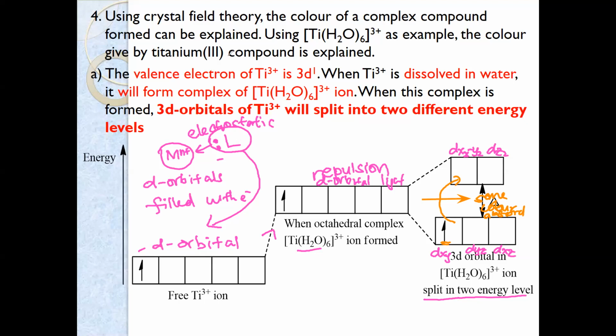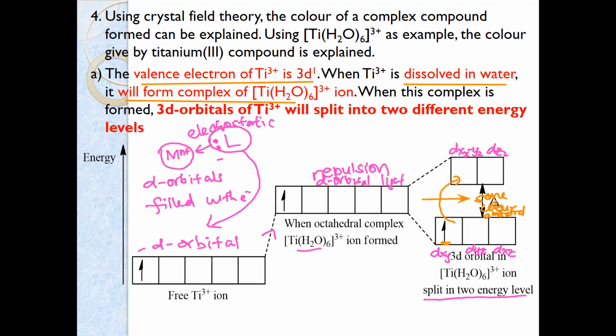Making use of titanium 3+ as an example, let's together understand how the complex ion is colorful. Showing to you here, the valence electron of Ti³⁺ is 3d¹. When Ti³⁺ dissolves in water, it will form a complex of [Ti(H2O)6]³⁺. So when you form [Ti(H2O)6]³⁺, you have a ligand already.